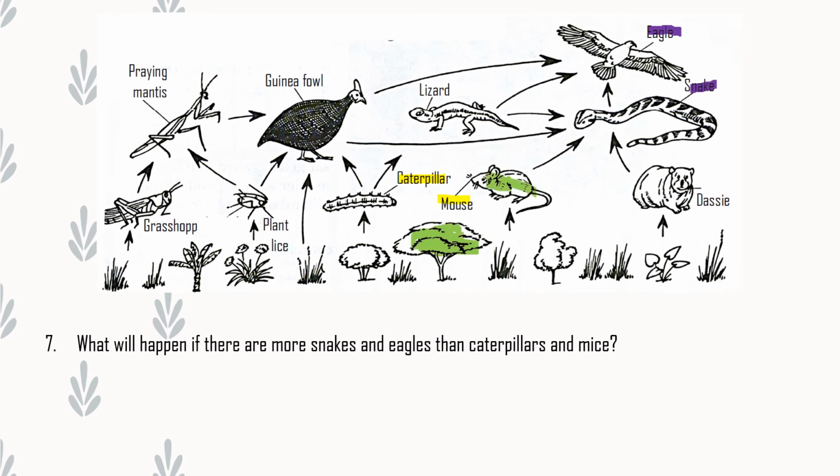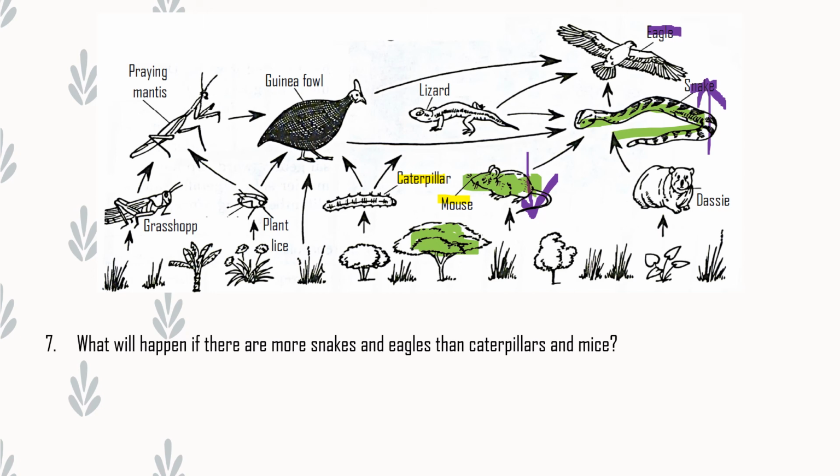The tree is being eaten by the mice, and the snake eats the mice. So if there are more snakes, the snake levels increase. That would cause the mice levels to drop because more mice will be eaten by the increased number of snakes.